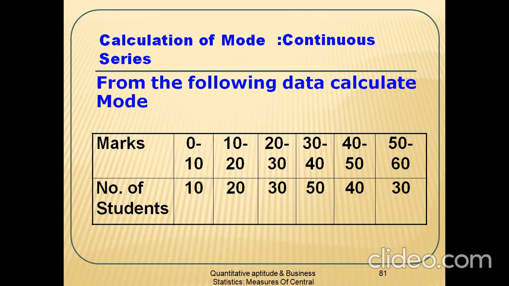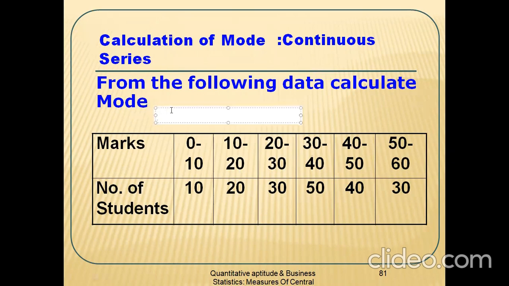So which is the highest frequency? Yes, 50 is the highest frequency. Whatever class corresponds to that is considered the modal class. So calculate the mode and tell me the number.